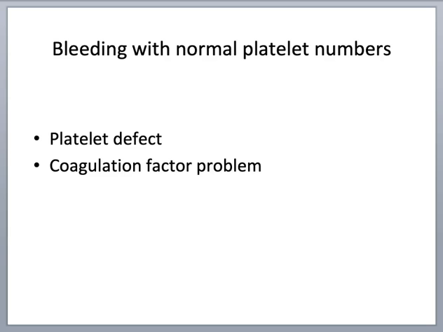Now just to conclude this talk, there's more information on the Osmosis high yield notes on platelet defects, but you can have bleeding with normal platelet numbers, and this is where there's some abnormality of the platelet itself. We'll talk about, again, coagulation factor problems, which are secondary hemostatic defects, but just briefly, platelet defects themselves.